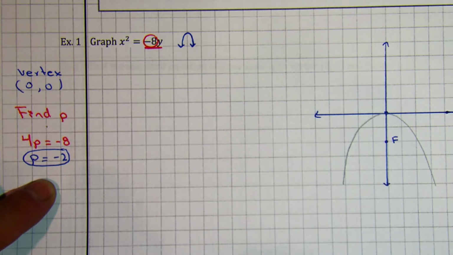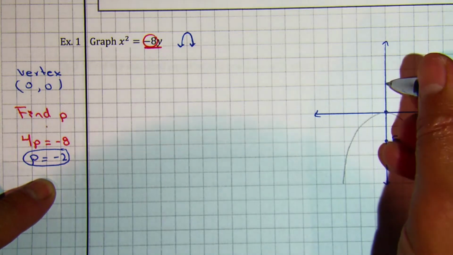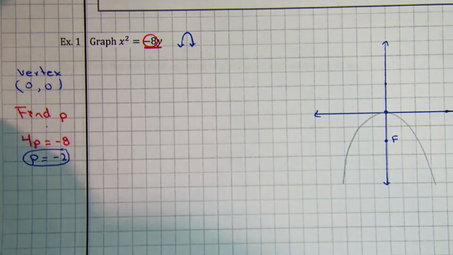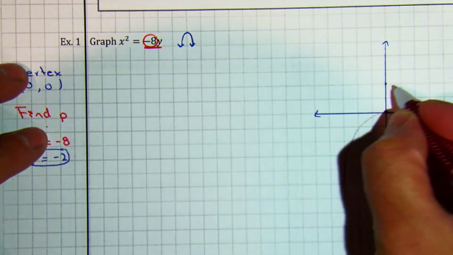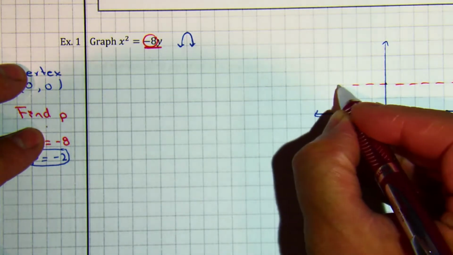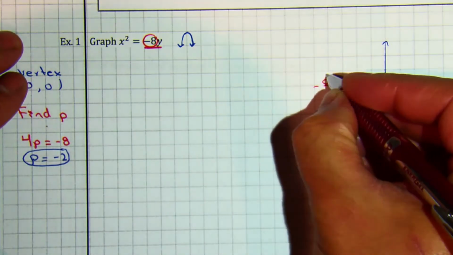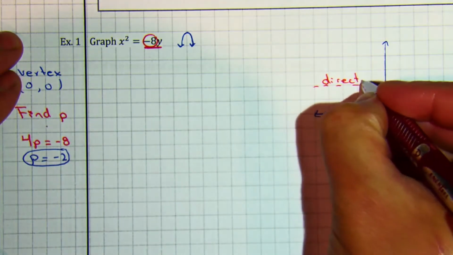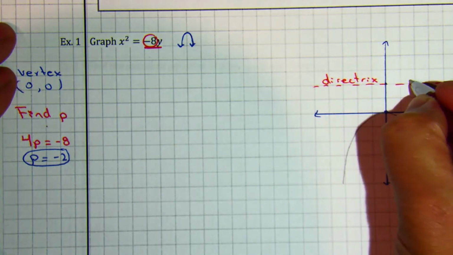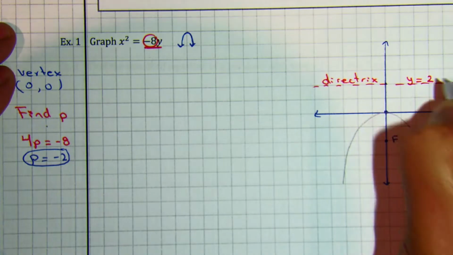Now my directrix will be the same distance to the opposite side, 1, 2, and that will be my directrix, so I'll place a dashed line going through that point. This is my directrix, and the equation is y equals +2.